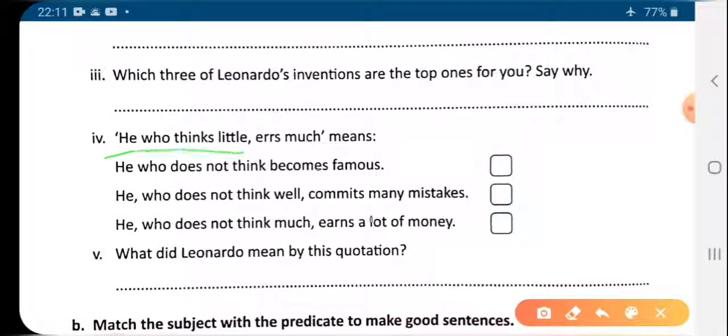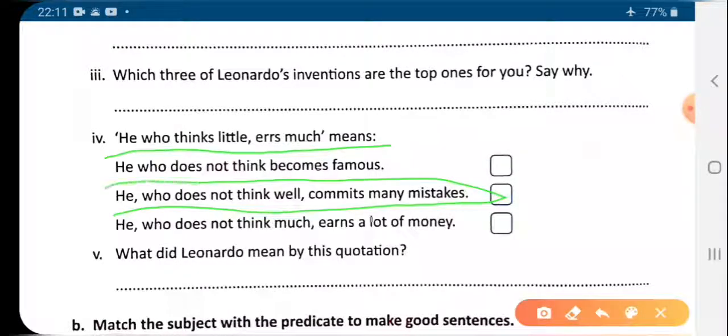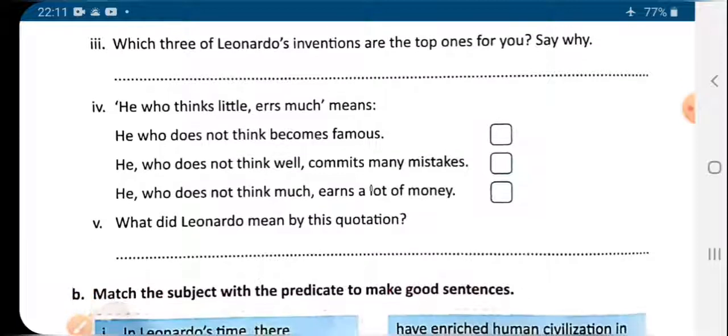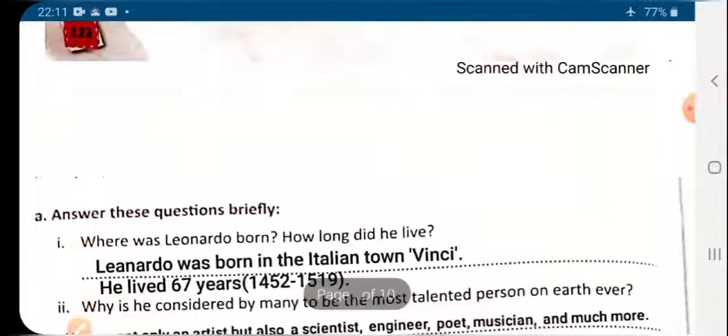He who thinks little errs much. What's the meaning of this? Means he who does not think well commits many mistakes. Errors means errors or mistakes. What did Leonardo mean by this quotation?